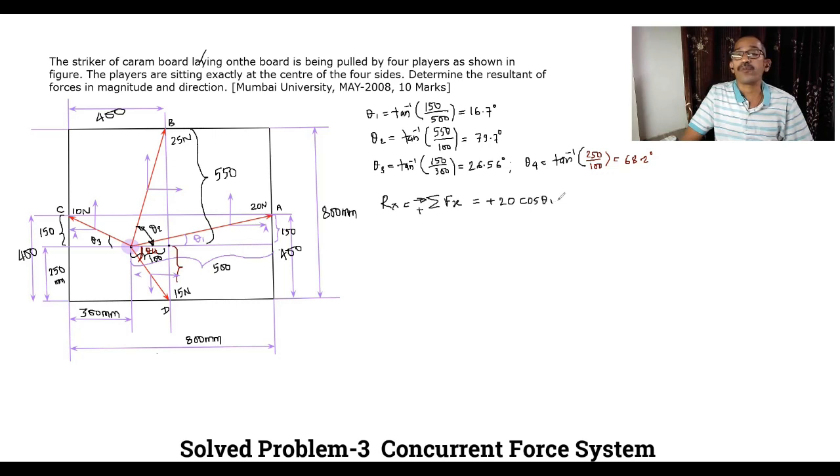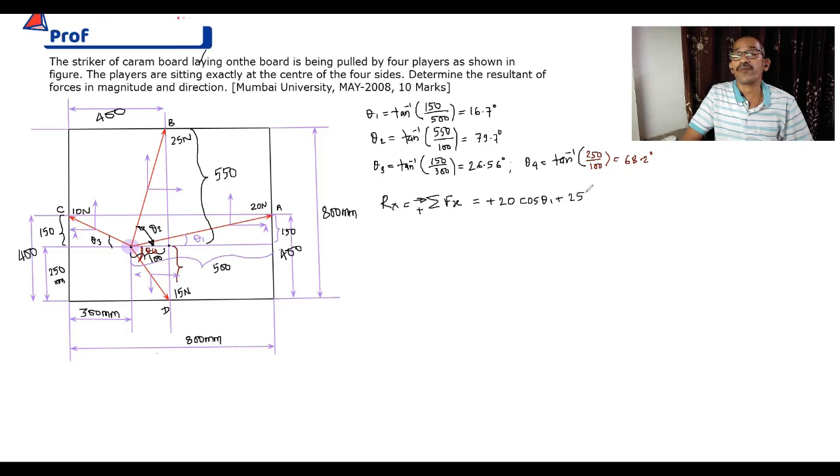Next, the component of 25 is also in the rightward direction, so plus 25 cos theta 2. The component of 10 Newton is leftward, so minus 10 cos theta 3. For the 15 Newton force, its component is in the rightward direction, so plus 15 cos theta 4.